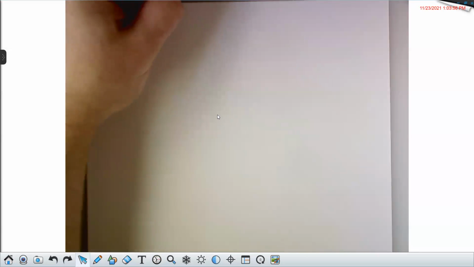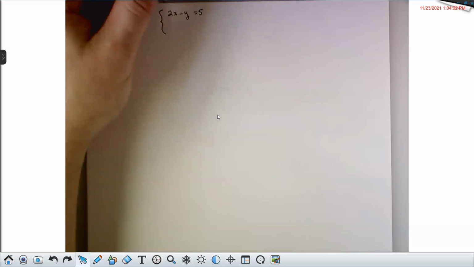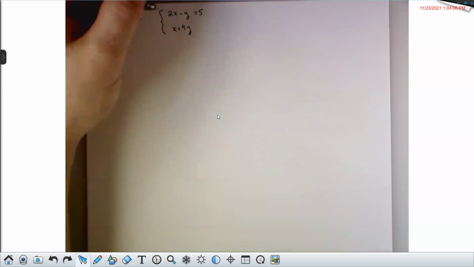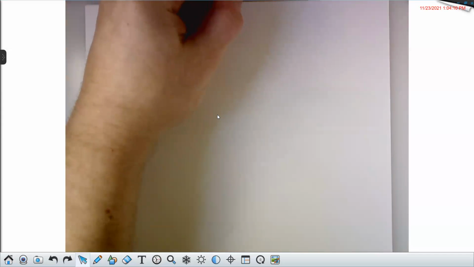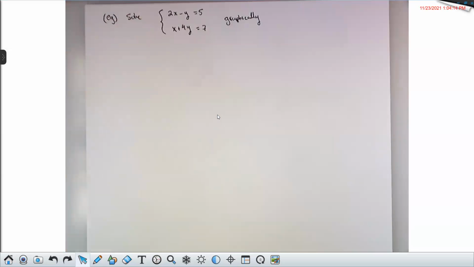So how's about 2x minus y equals 5 and x plus 4y equals 7. Graphically, what we need to do is graph both of those equations.